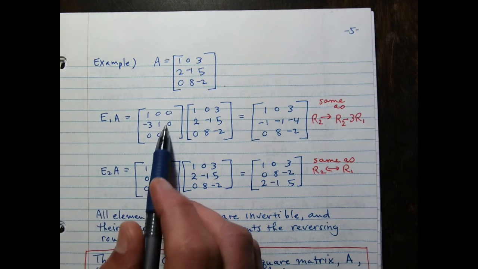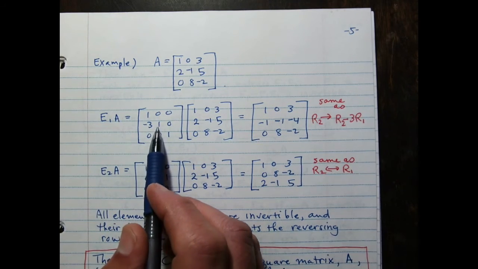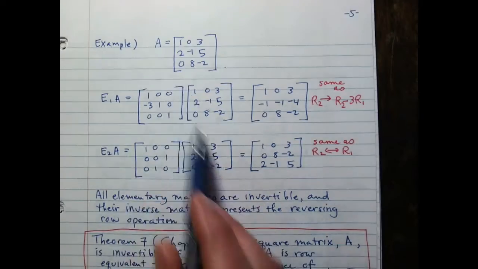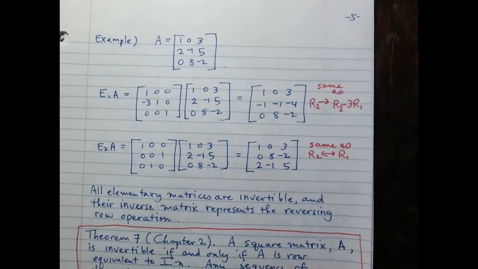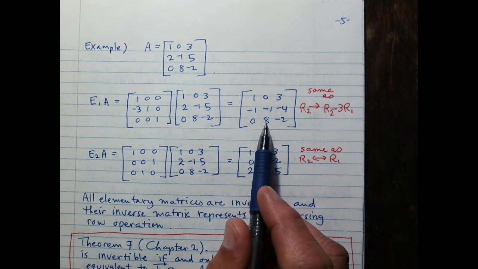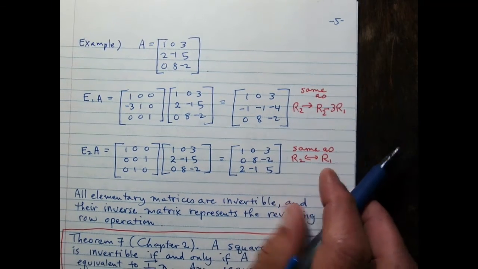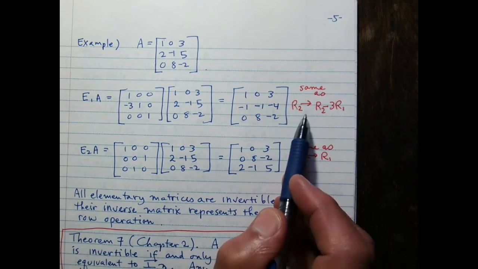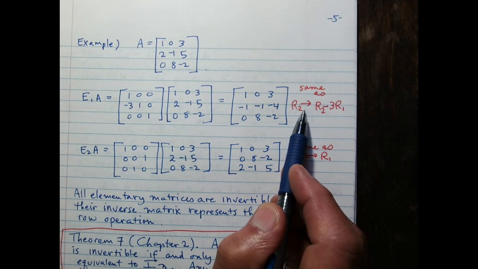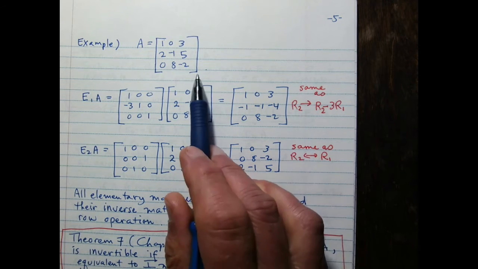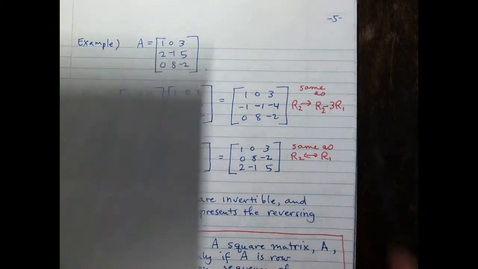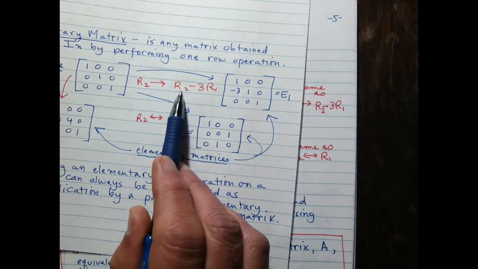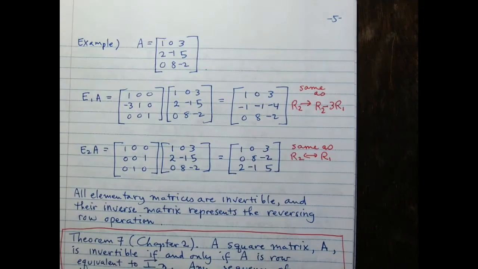And so here's my E1 from the previous page. Here's my A from this example. And you can check the multiplication. This is what we get. And my point is, this is the same thing we would obtain if we applied that elementary row operation to the matrix A. So remember, E1 was defined by replacing row 2 with row 2 minus 3 times row 1.